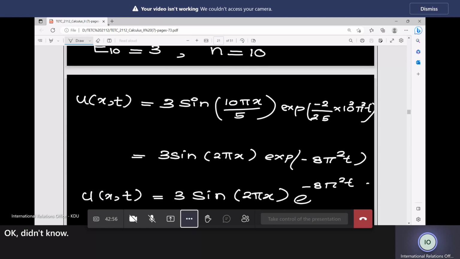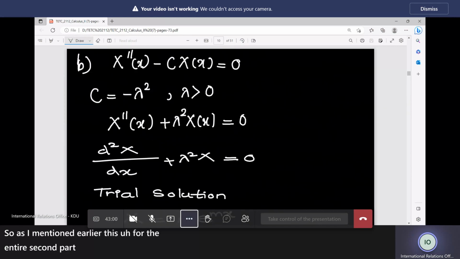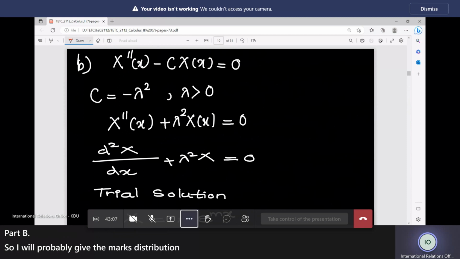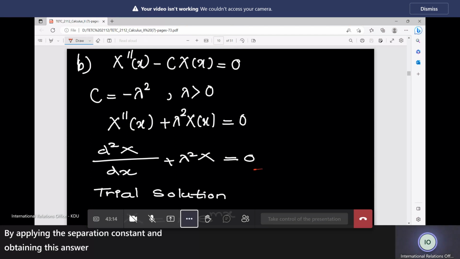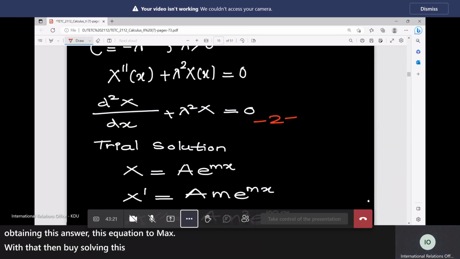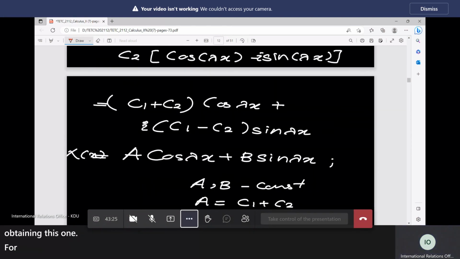So as I mentioned earlier, the entire second part, part B, consists of 80 marks. So I will give the marks distribution. By applying the separation constant and obtaining this equation, 2 marks. With that, by solving this problem and obtaining this answer, 3 marks.